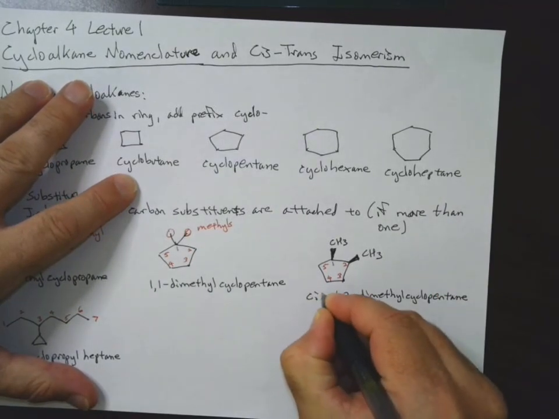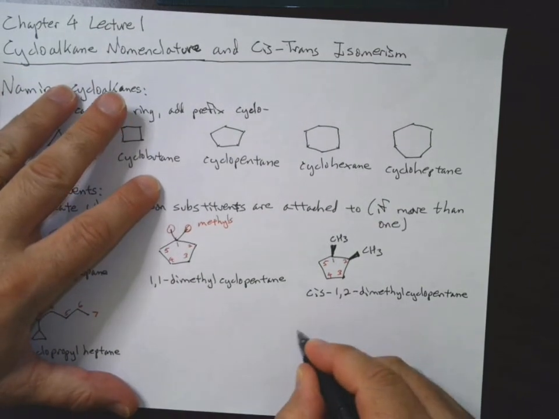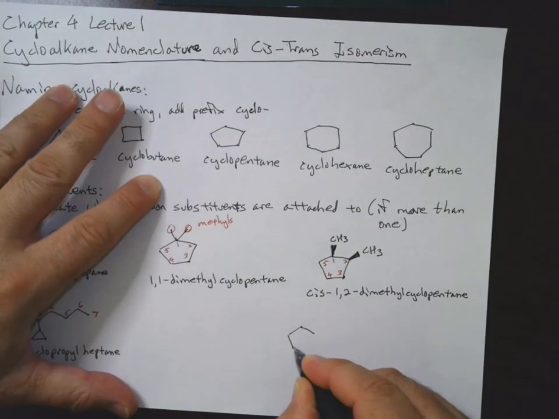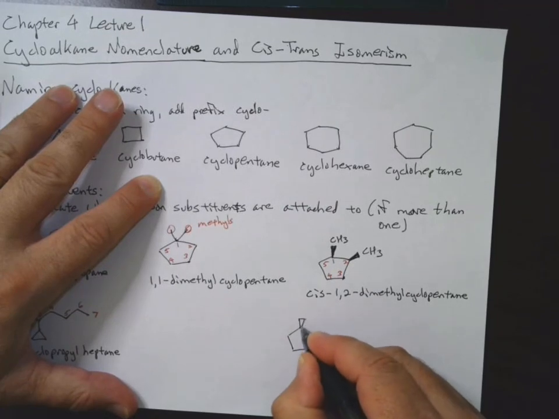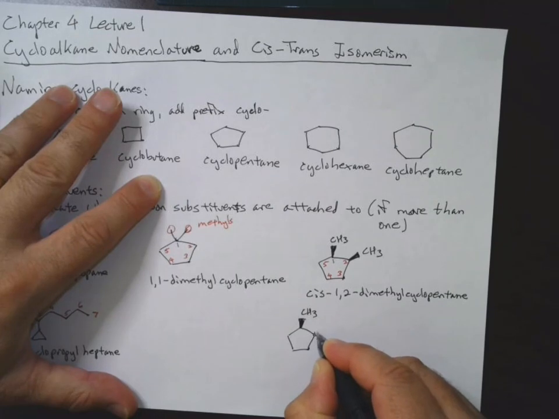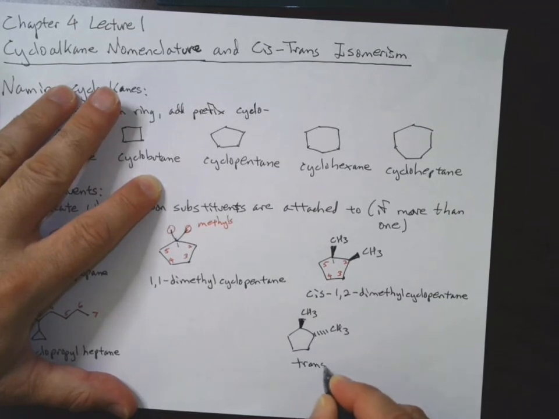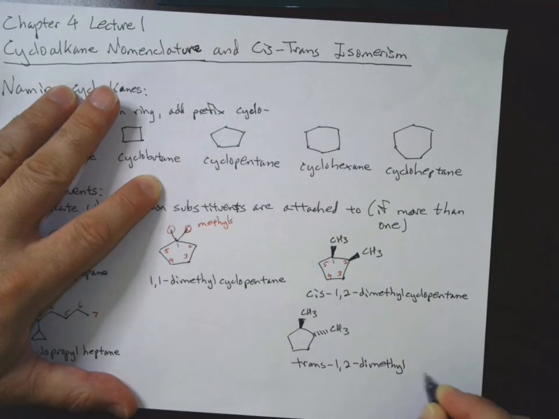This one happens to be what we call cis-1,2-dimethylcyclopentane. And we can contrast that with trans-1,2-dimethylcyclopentane.